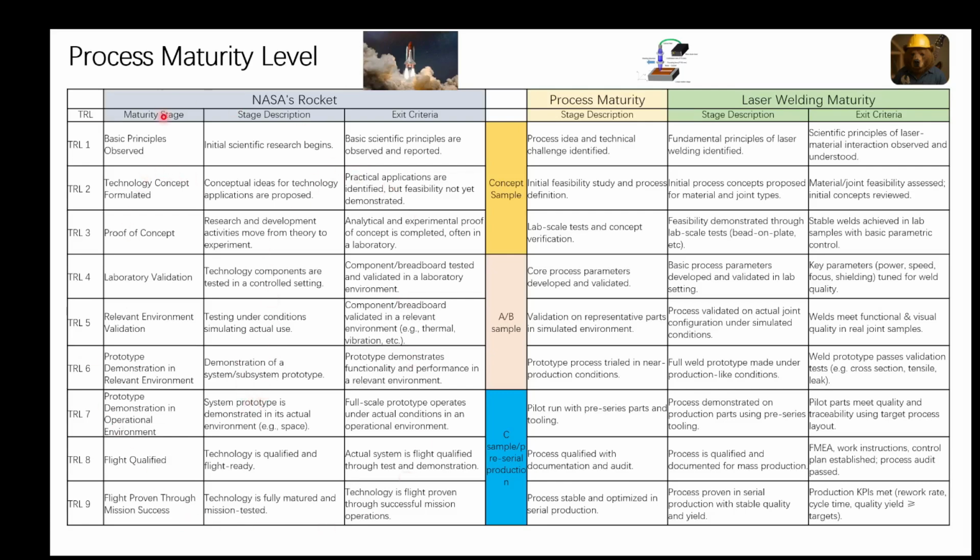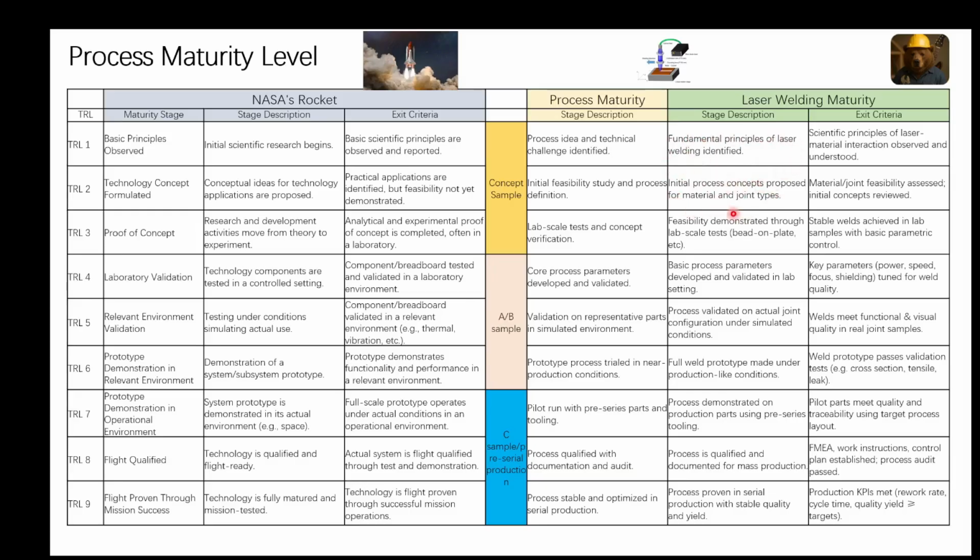Similarly to this assessment system, we can assess our laser welding process maturity. Let's see this column, different stage descriptions. First, the fundamental principle of laser welding identified. You need to know what kind of material you need to weld, and what kind of theory is behind laser welding.